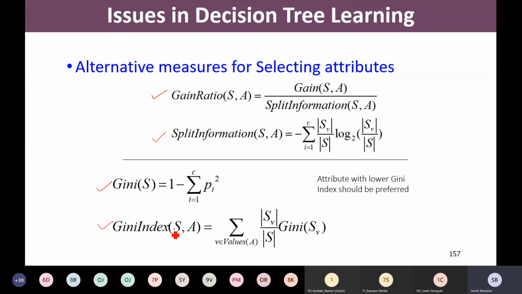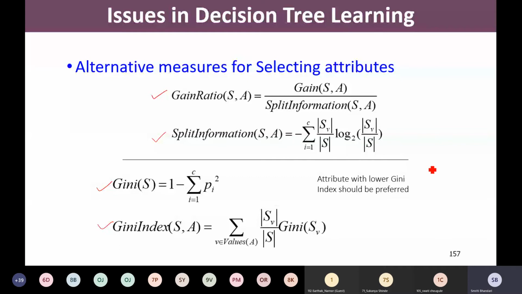And as I stated, if you go for using the libraries in sklearn for implementation of decision tree, it is possible for us to provide the parameter which measure you would like to use for selecting the attributes. Whether you would like to use gain, whether you would like to use Gini index, and so on.